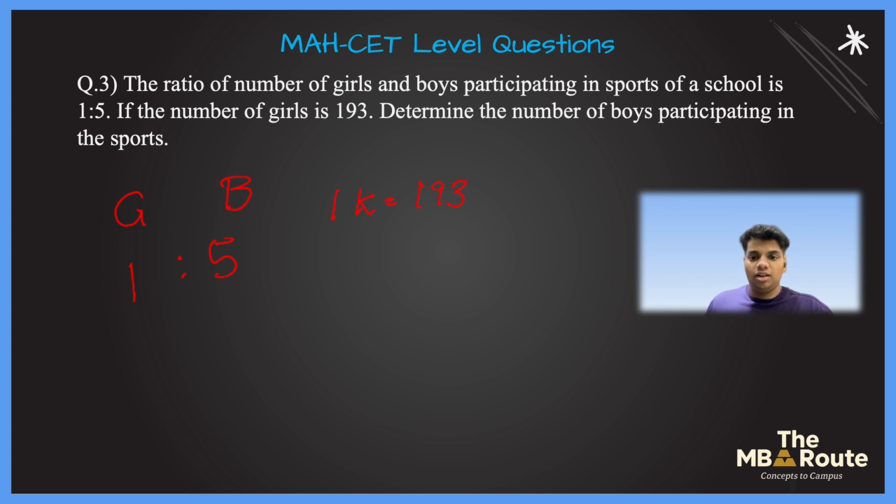So k's value is 193. Find the number of boys participating in the sports. That would be 193 into 5, which is 965. So the final answer is 965. A very easy question.